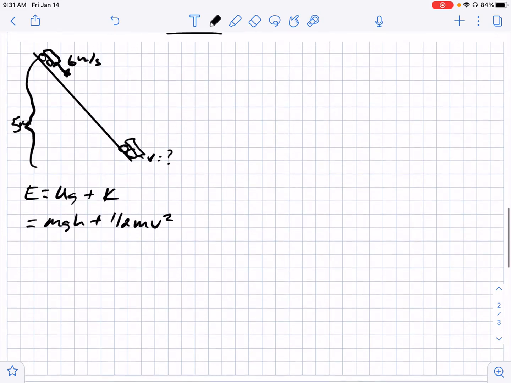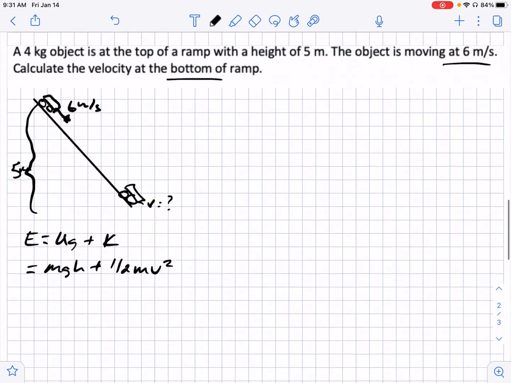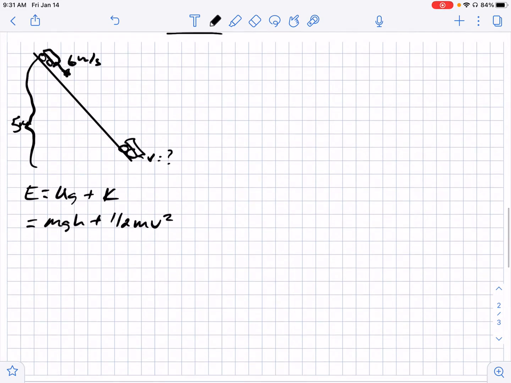And we can plug in our numbers. So our mass is 4 kilograms. Height was 5 meters.